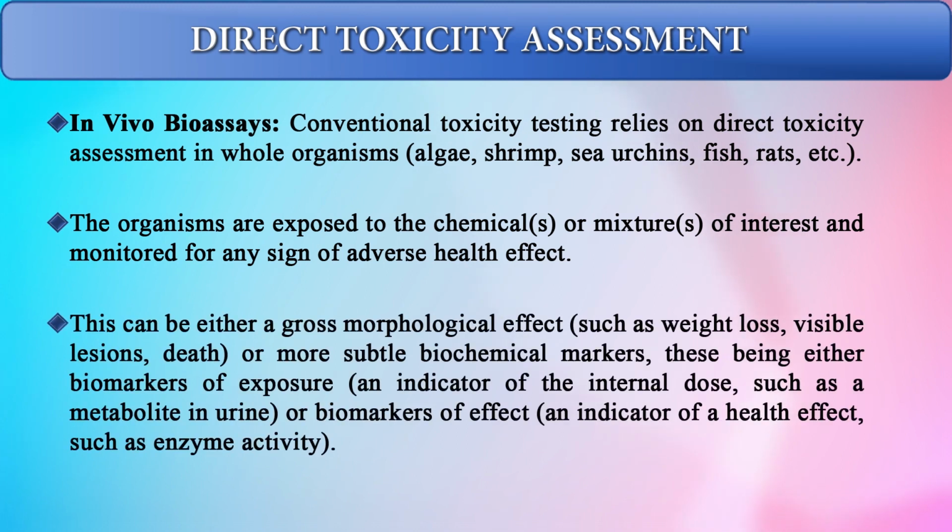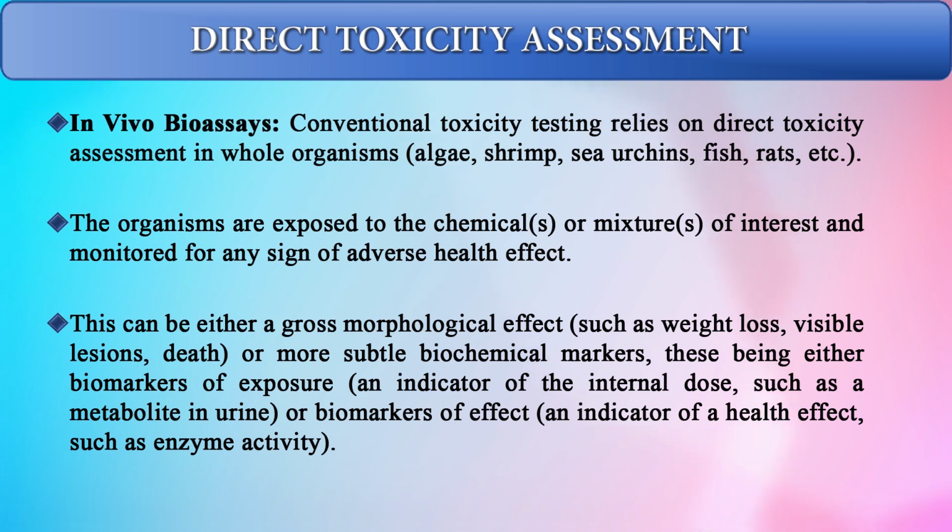This can be either a gross morphological effect, for example weight loss, visible lesions, death, or more subtle biochemical markers. These being either biomarkers of exposure or biomarkers of effect.